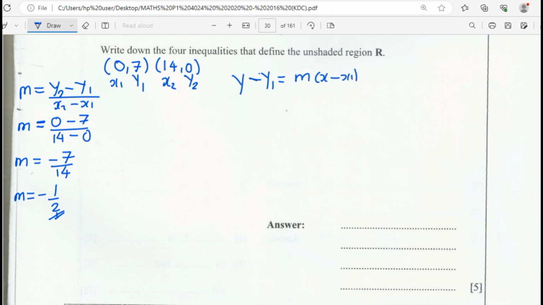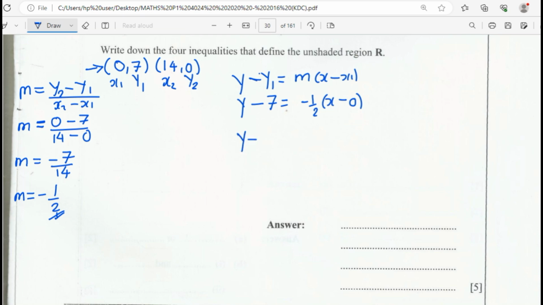Now for this one, we can use any pair. Now let's use this pair, the first one. So we know that the y is 7, gradient is -1/2, x is just 0. So when multiply -1 over 2 times 0, we just get a 0. So that's the reason why I chose that one, so that no need of finding the common denominator.